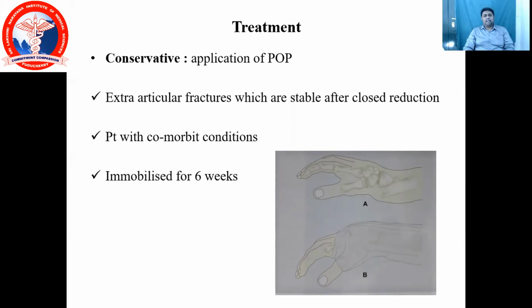This is mainly used in old age people where the comorbid conditions will not allow the patient to undergo a surgery. Any extra-articular fracture which is stable after closed reduction, meaning the fracture is held in the reduced position, does not slip and is not unstable, can be treated conservatively.